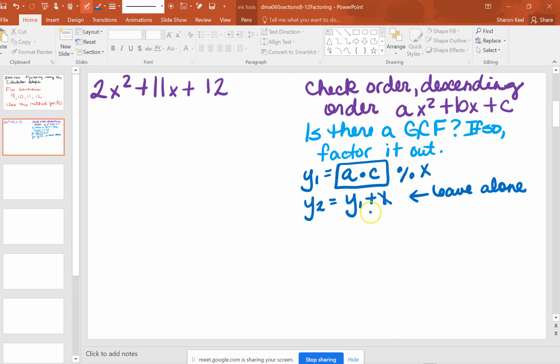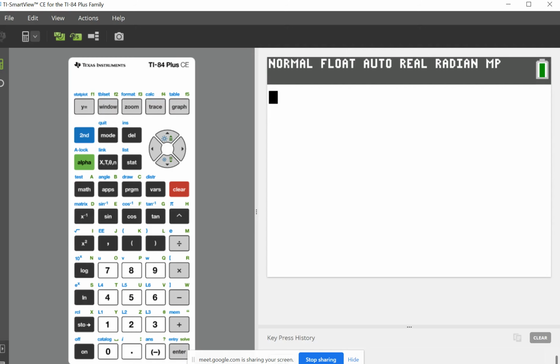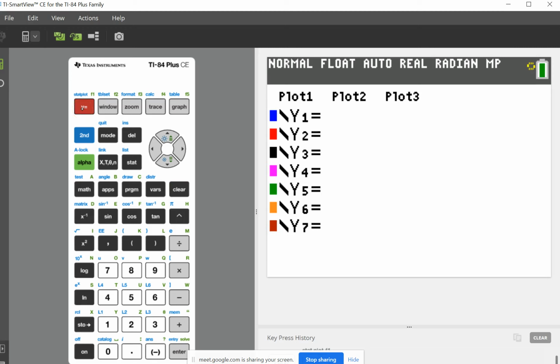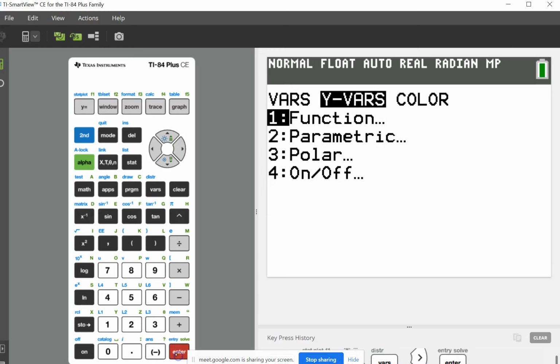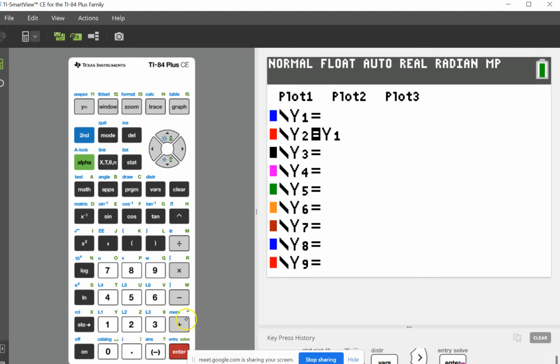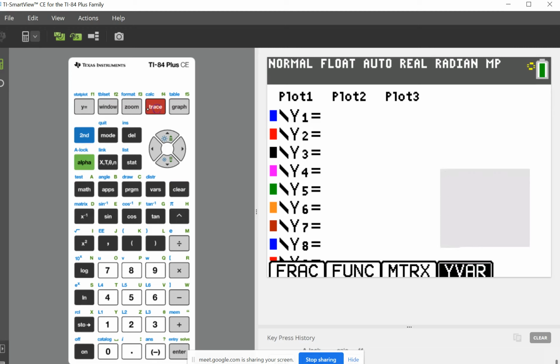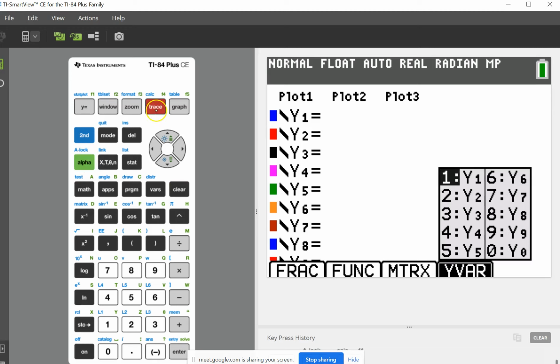Okay? So how do you make the y1 appear? There's 2 ways you can do it. Let me come to the calculator and I'll show you. If I come to the second row, one way to do it is I can press vars, arrow to the right, enter 2 times, y1 appears, and then I can type plus x. That's one way. Another way to do that, and if I can remember it, is alpha and the trace button, do you see here for number 1?